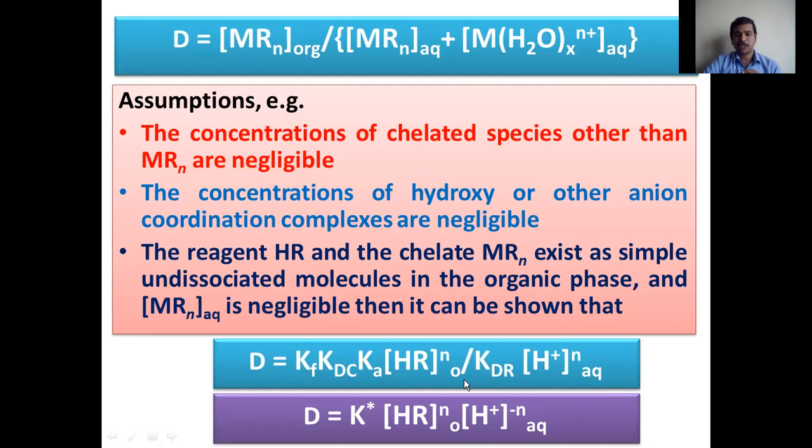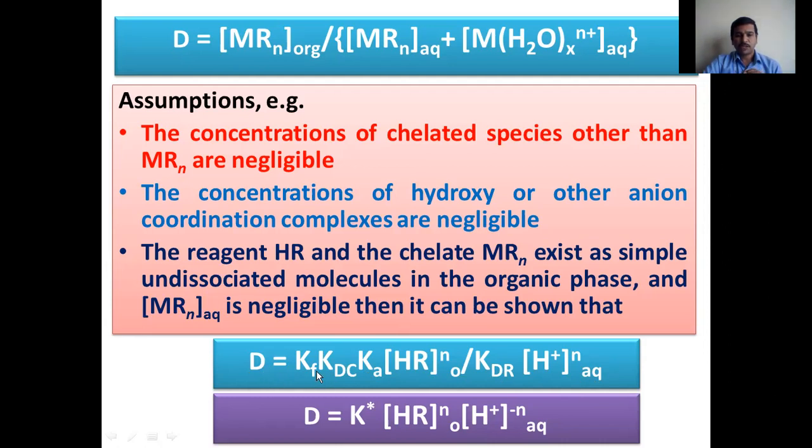According to the dissociation equilibrium, the Nernst partition law, and the formation constant expression, we arrive at this simplified equation, which gives you the value for the distribution ratio D.